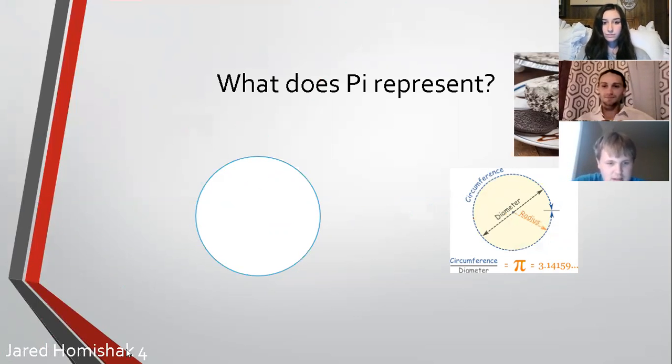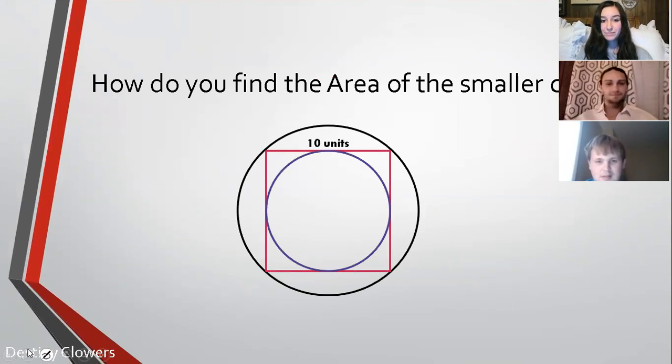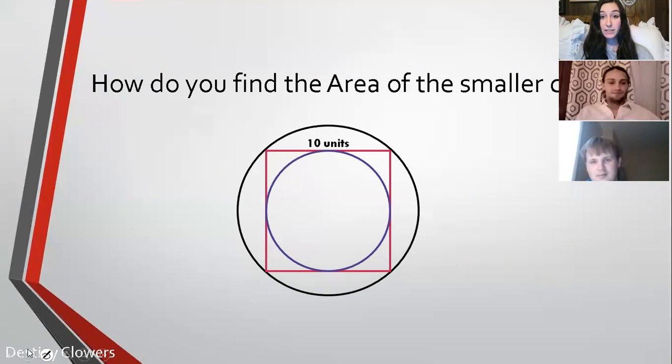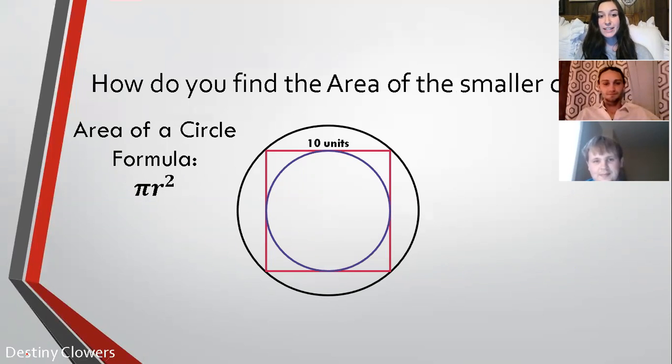Thank you so much. Now, Destiny, how do you find the area of the smaller circle? That's a great question, Jared. In order to find the area of this smaller circle, we've got to use the area formula of a circle, which is pi r squared. Now, in order to use this formula, we have to figure out what r is, which equals the radius. And if y'all remember, this right here, the 10 units, you can see that the circle is actually inscribed into this square.